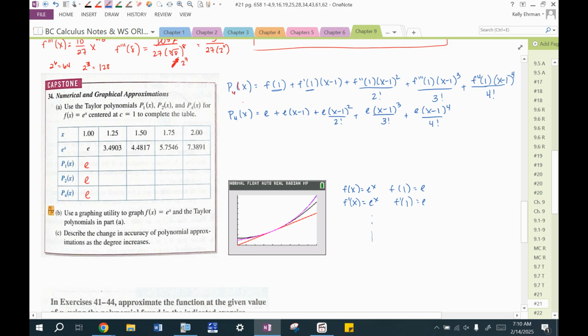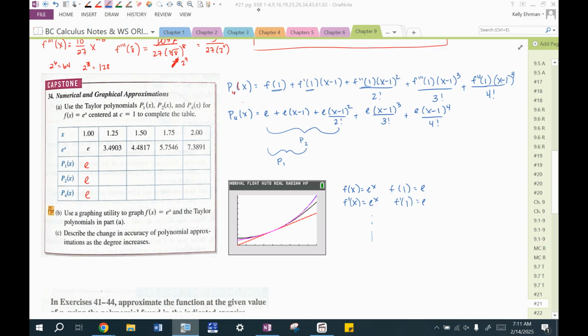Now P2 is just these 3 terms, and P1 is just the first 2 terms. Remember, the n in the P sub n is how many derivatives you take it out to. So you get it out to the second derivative term or the first derivative term.